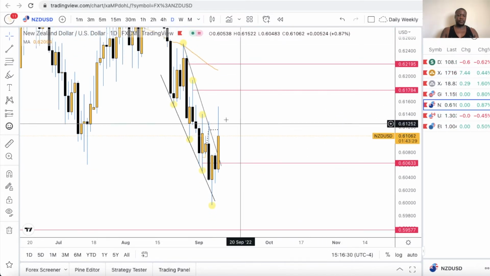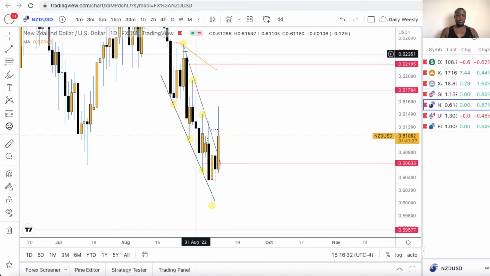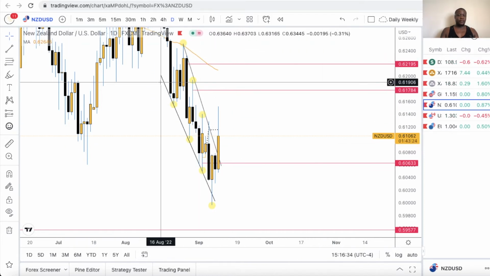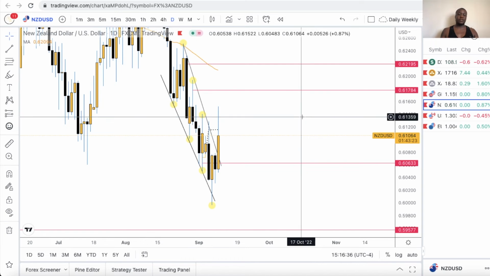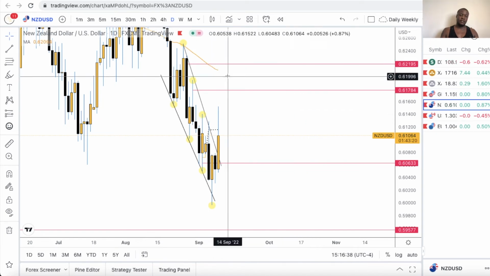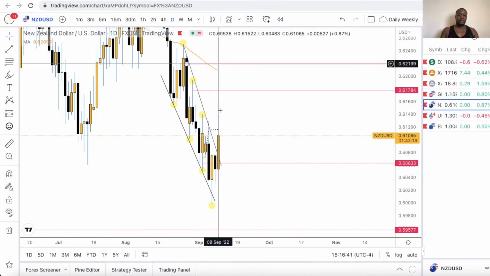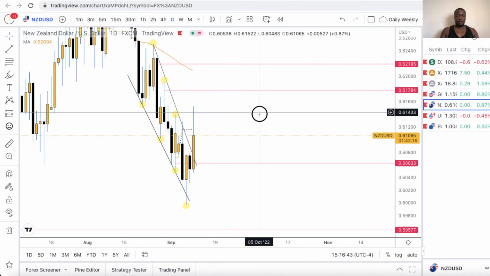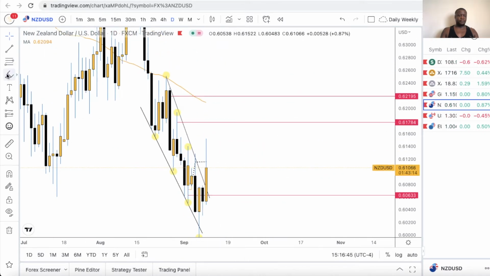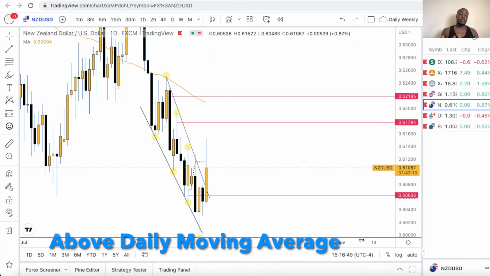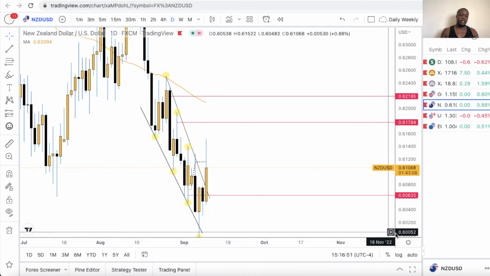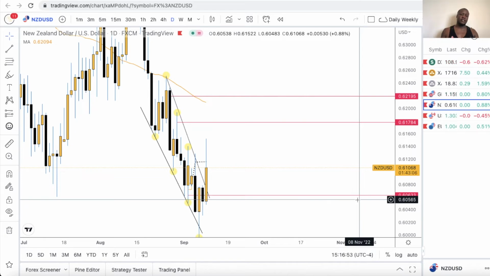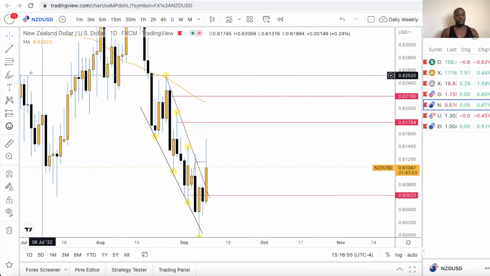So we could take short-term trades on the 4 hour, and then possibly, I'm a swing trader, so possibly once this trend becomes more of a bullish trend and it goes above this daily trend line, that's when I'll look to take longer trades and be a little bit more confident in taking bullish trades.